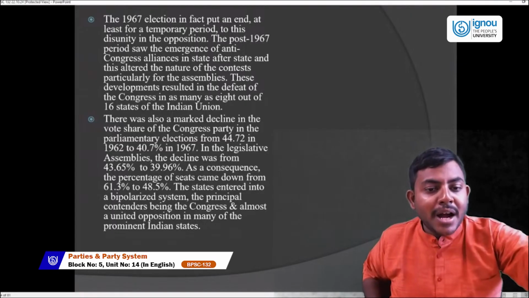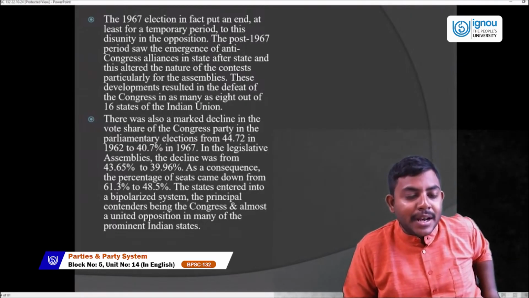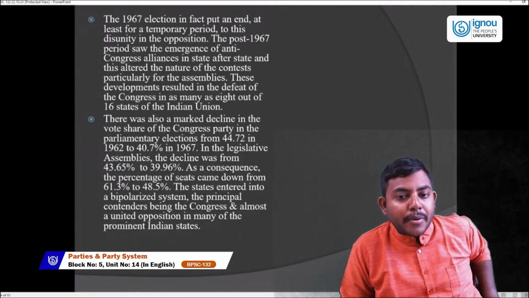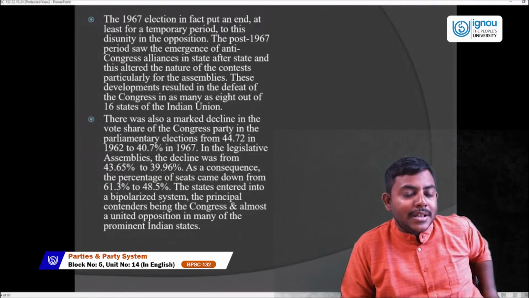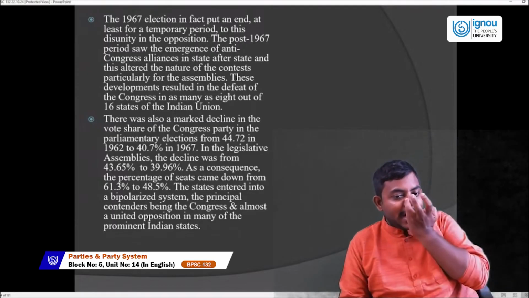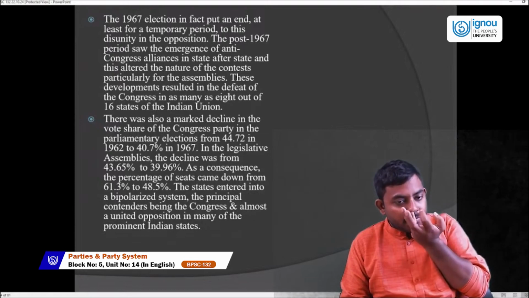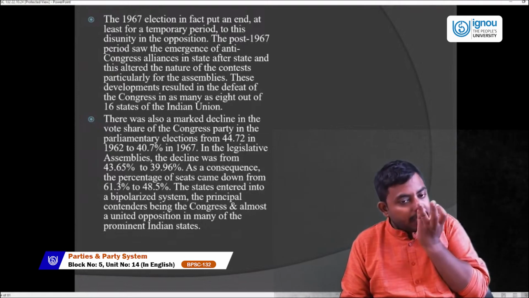There was also a marked decline in the vote share of the Congress party in the parliamentary elections from 44.7% in 1962 to 40.7% in 1967. In the legislative assemblies, the decline was from 43.6% to 39.9%. As a consequence, the percentage of seats came down from 61.3 to 48.5.